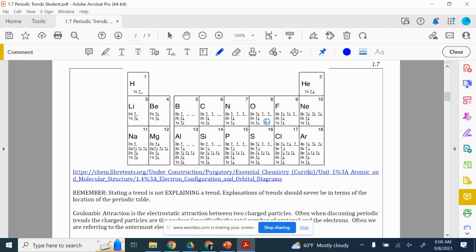Now, why doesn't that happen in fluorine? Well, when we come over to fluorine, now instead of having 8 protons pulling those electrons in, we now have 9. So you've got 9 protons pulling that stuff in closer.